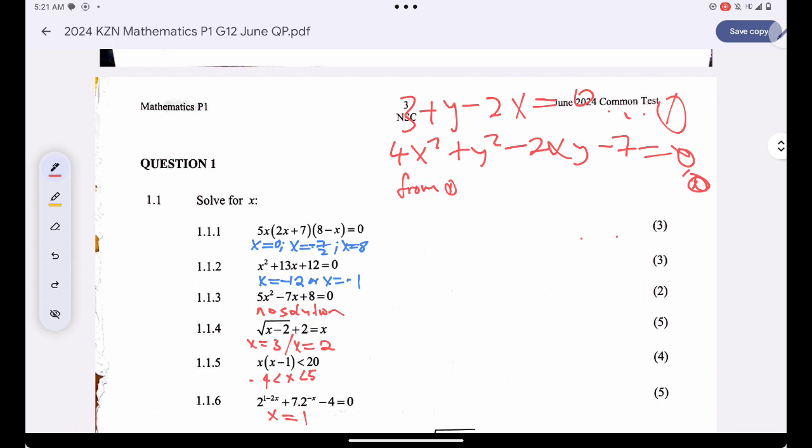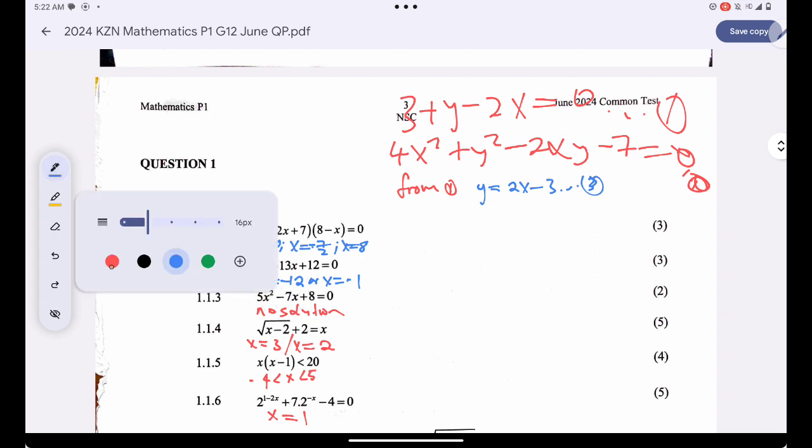from the first equation, I can say that y is equal to 2x minus 3. This will give me equation 3, right? And then all I have to do is to substitute equation 3 into equation 2.